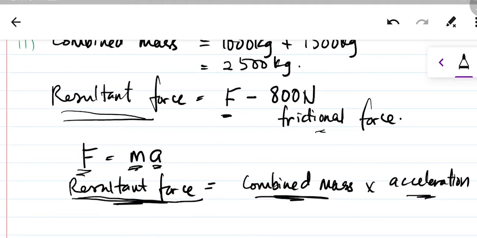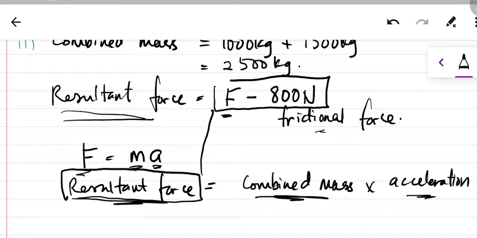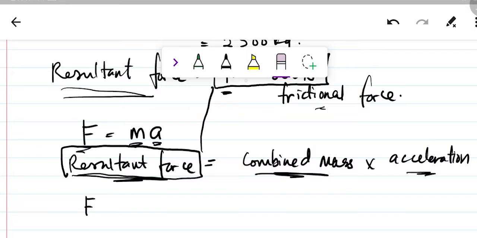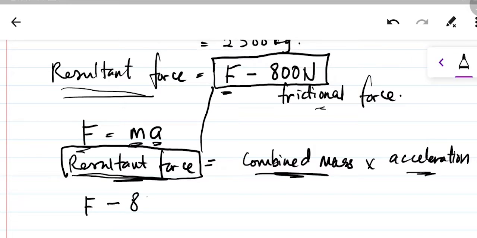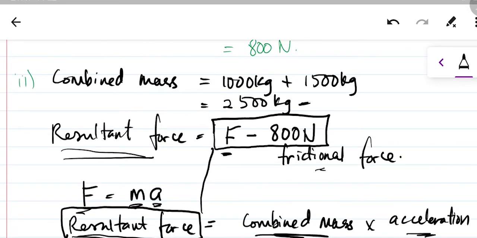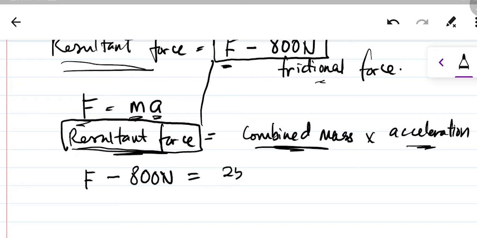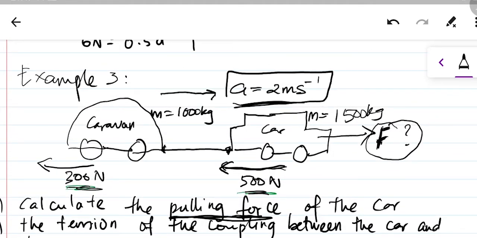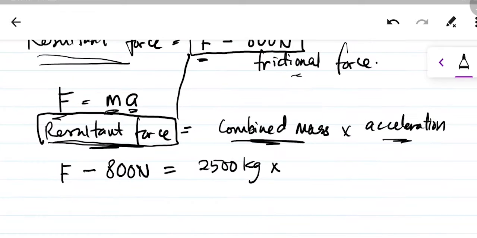Since our resultant force equals F minus 800 Newton, we substitute it here: F minus 800 Newton equals the combined mass, 2500, multiplied by the acceleration, 2 meters per second squared.